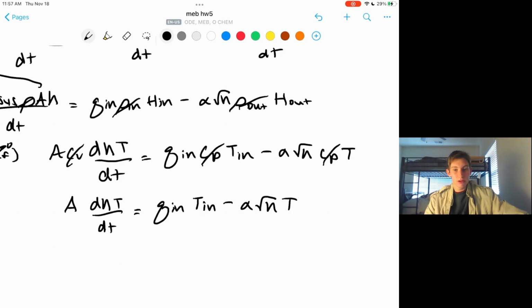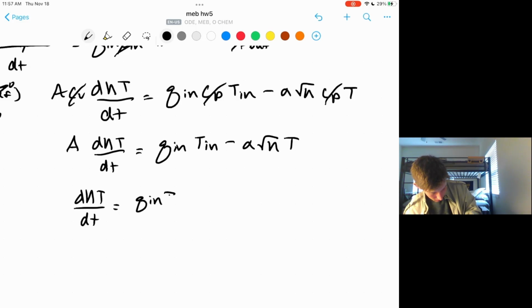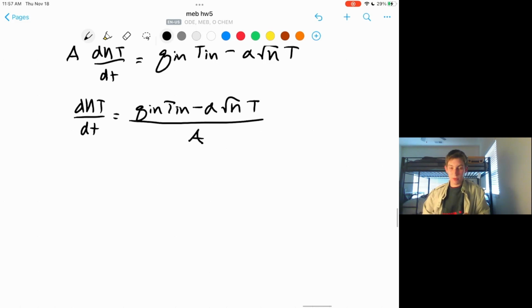So we're getting very close. Our end goal is to get dT over dt. So right here on this left hand side, we can separate this. Let me divide by the area first. So we can separate this differential over here.